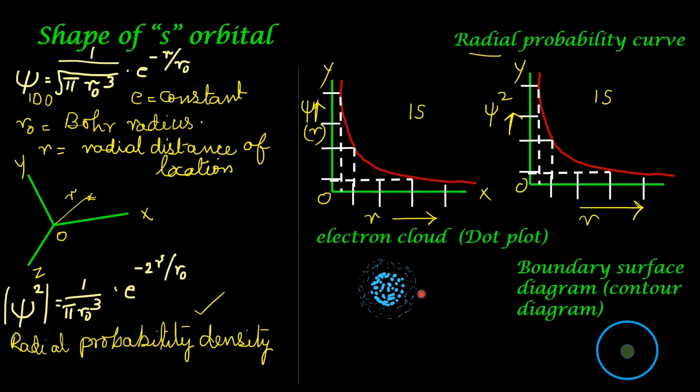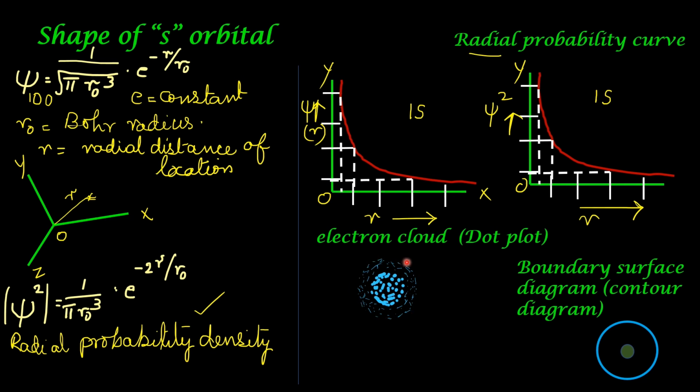Here I have shown it in light color. This light shade suggests that the probability is less. This is for 1s orbital. The same diagram can be represented in another way, which is called boundary surface diagram or contour diagram, where we give the boundary of this probability area.